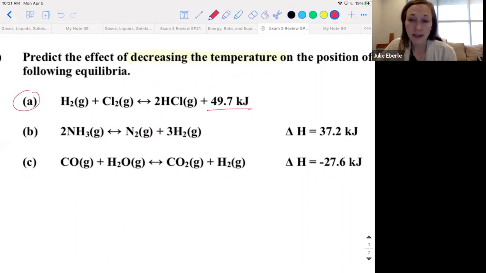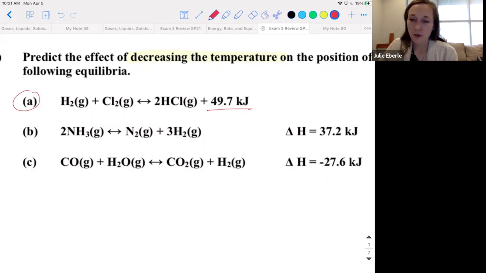Here, energy or heat is a product. So is this exothermic or endothermic? Keyshawn said it. Lucas said it. Exothermic.